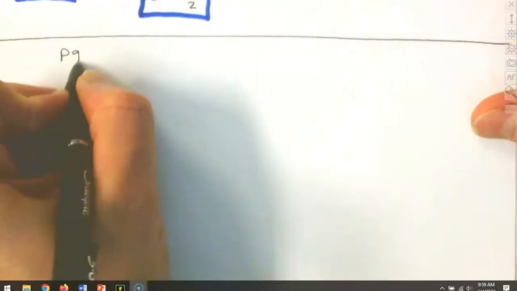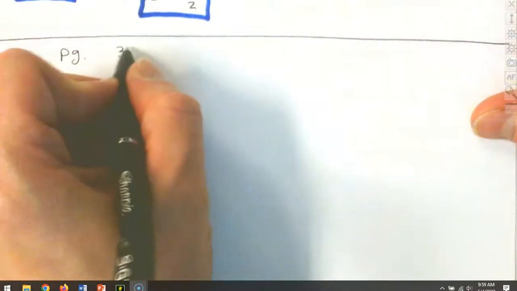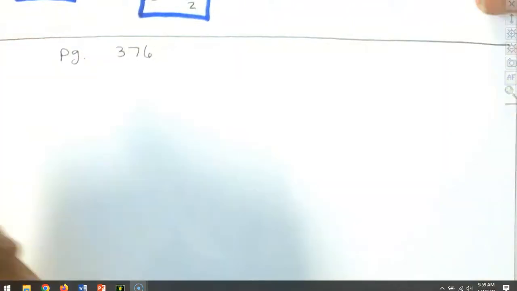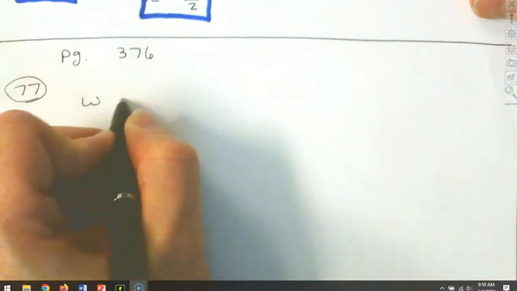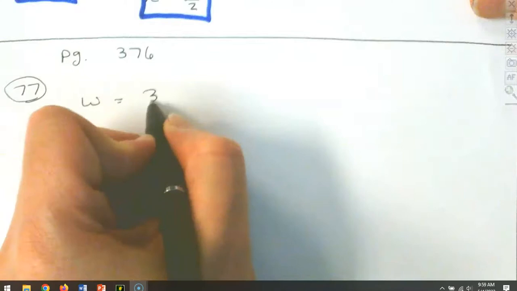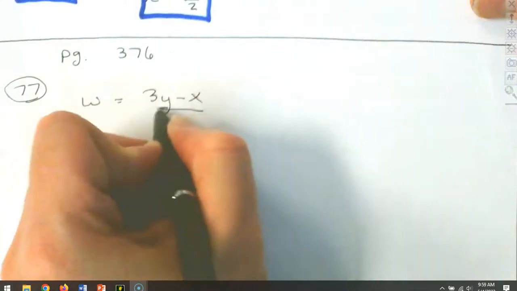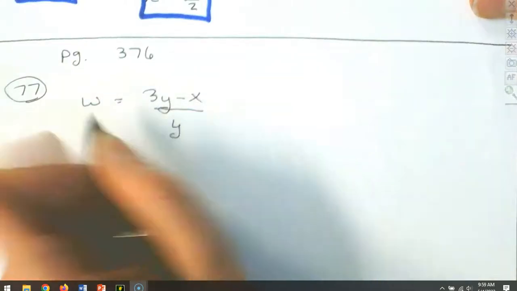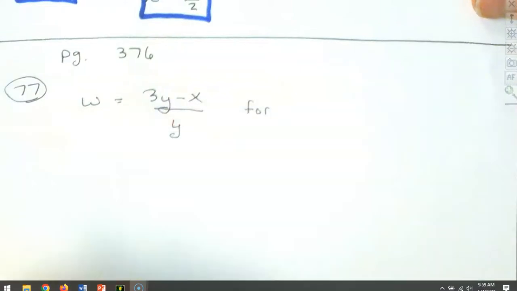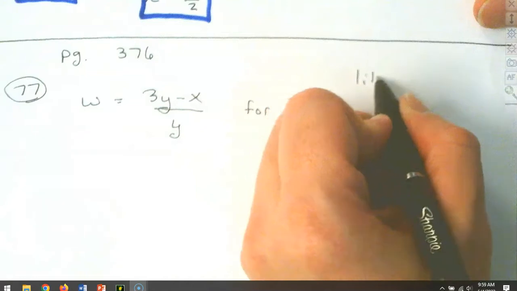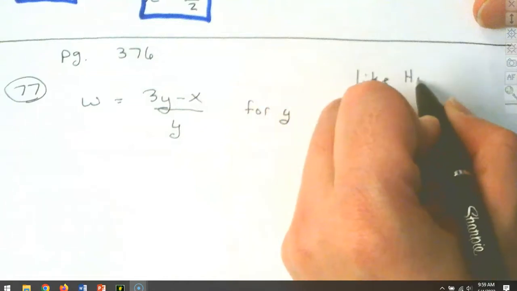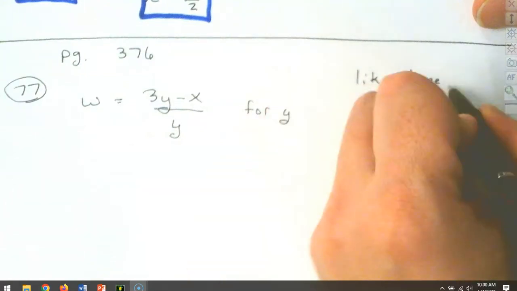This is on page 376, and we're going to look at question 77. And so I'll write it up, and then I'll tell you which one it aligns with in your homework. The one in your homework is almost the same, it's just different numbers. So this is going to be like homework.